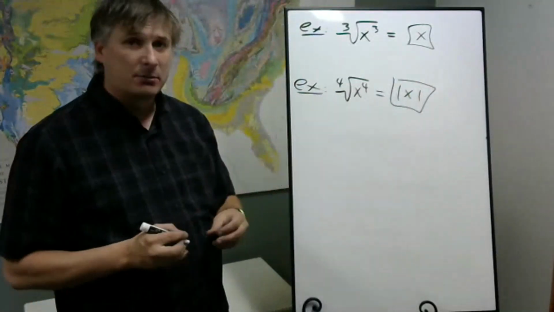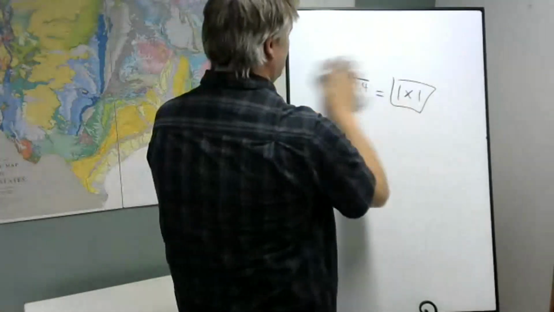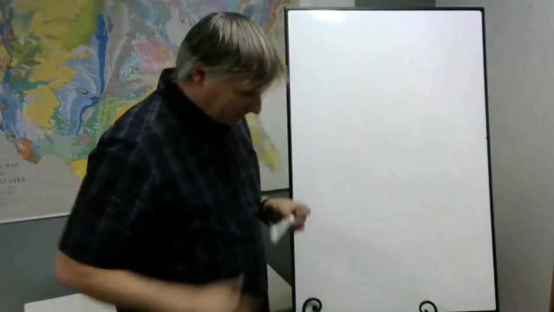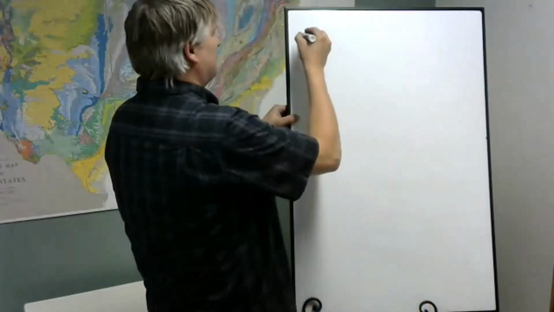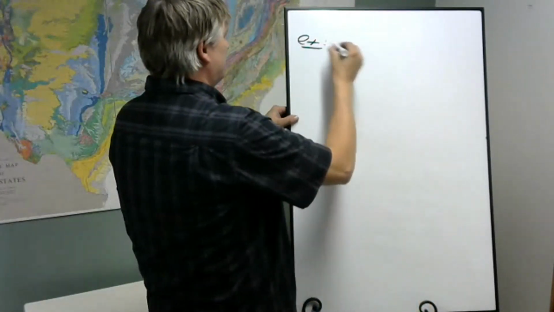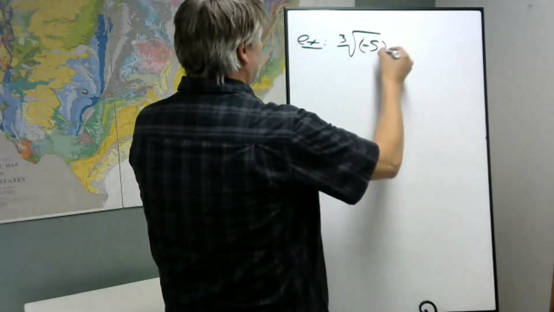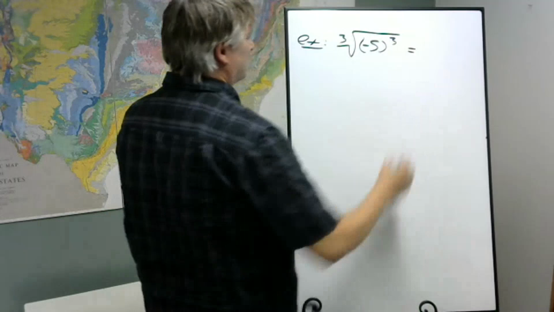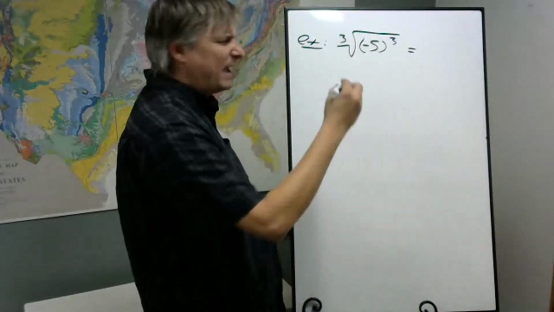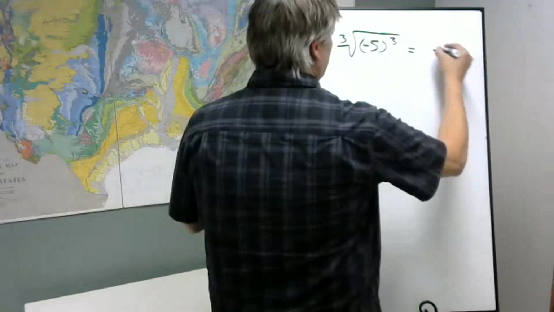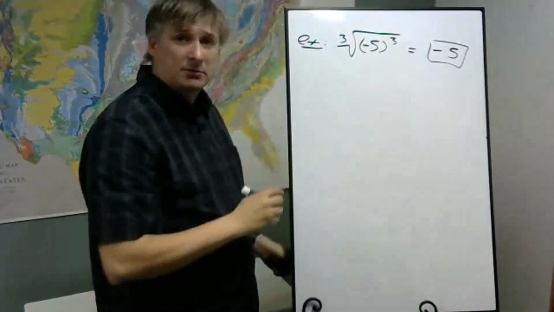Even root, even exponent. Now, if we have something like this, cube root of -5 cubed passes right on through. Odd root, odd exponent.